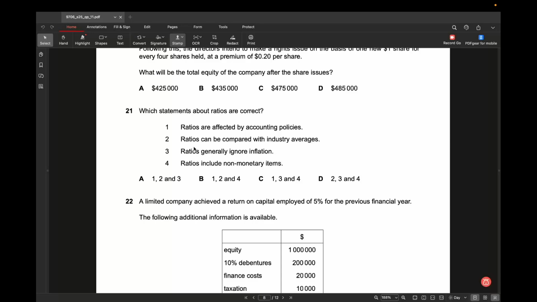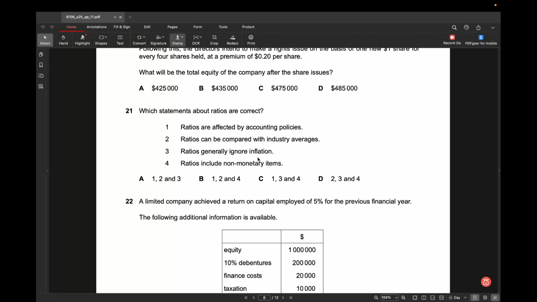Ratios can be used to compare the data either with the previous performance of the company or with other businesses in a similar industry. And the third one, ratios generally ignore inflation. Yes, it does not take into consideration the time value of money. It will simply tell you what the ratio was 10 years back and what it is now, or what it was last year and what it is this year.